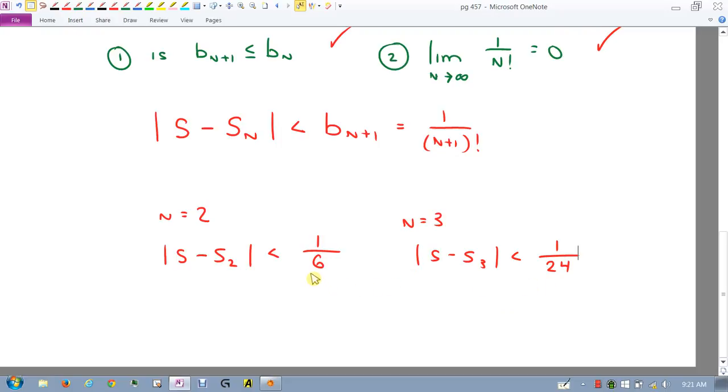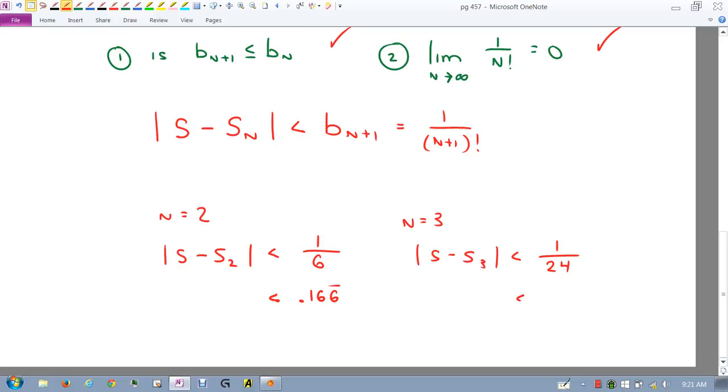So as decimals, let's just get your calculator out. What's 1/6 as a decimal? I mean, we'll have to approximate it. It's 1 divided by 6, then 1 divided by 24. What do we have? Okay, 0.1666.